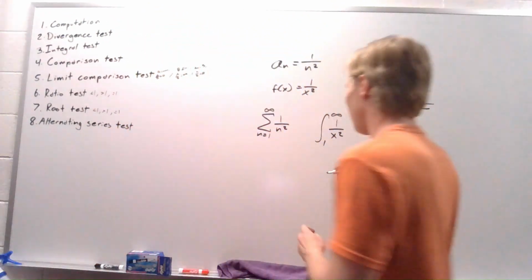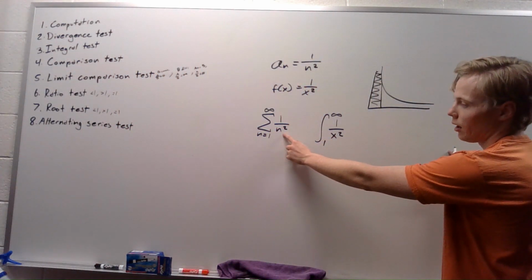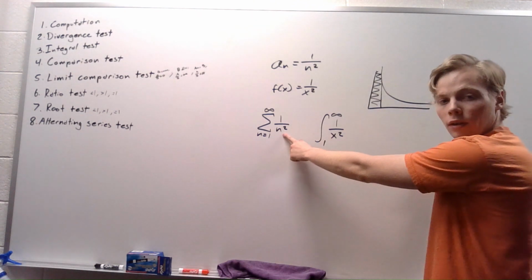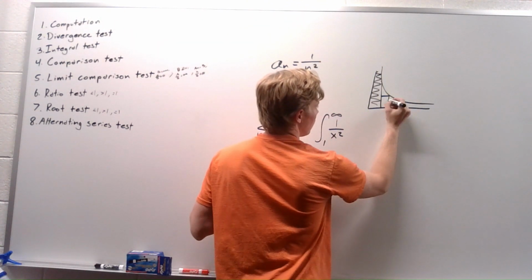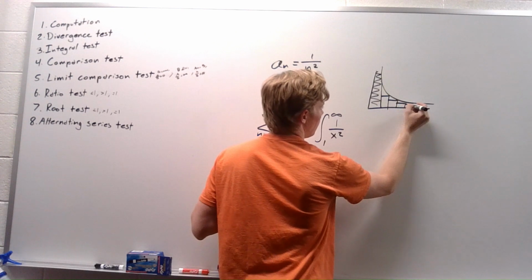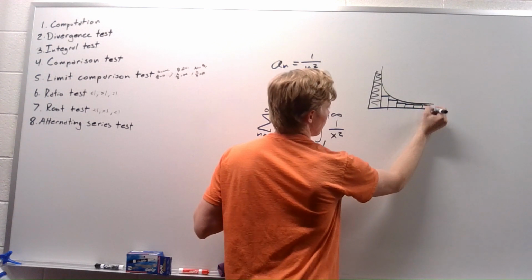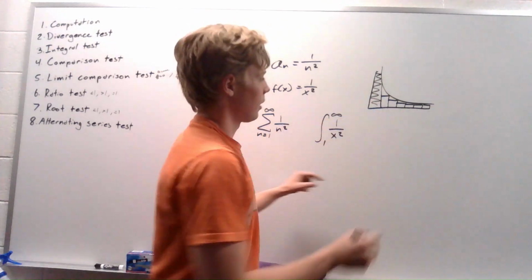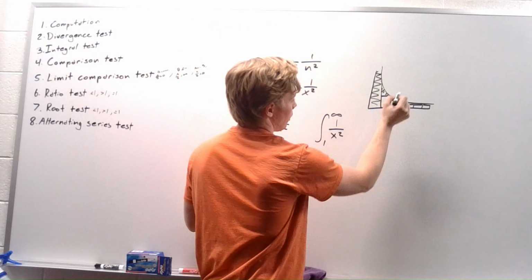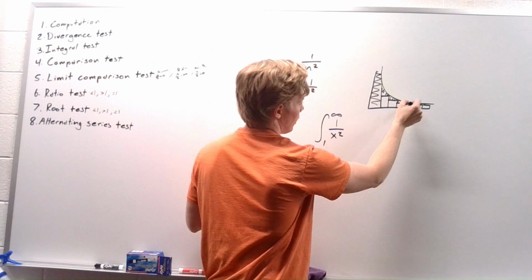And so if we draw the rectangles of 1 over n squared in here, we're going to find that they are always smaller than the corresponding value of x, because here you're missing all this area, and you're missing this, and you're missing that, and you're missing this.